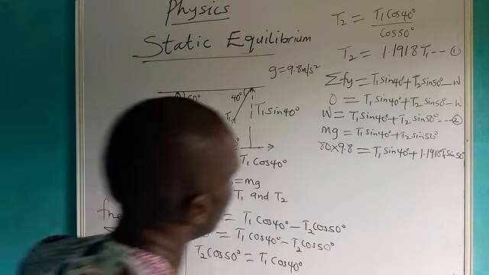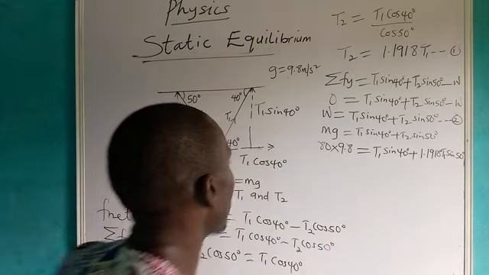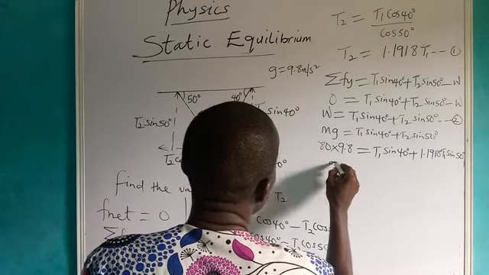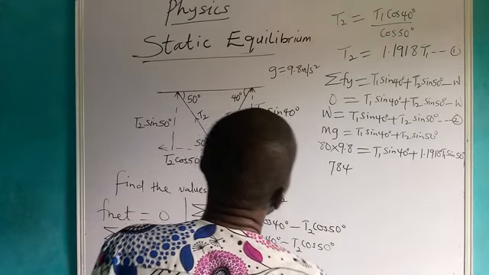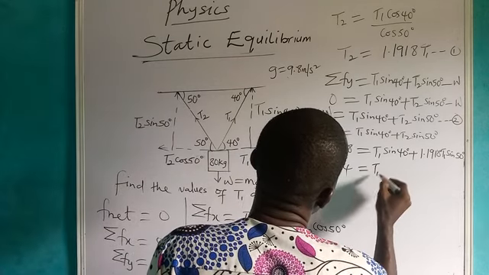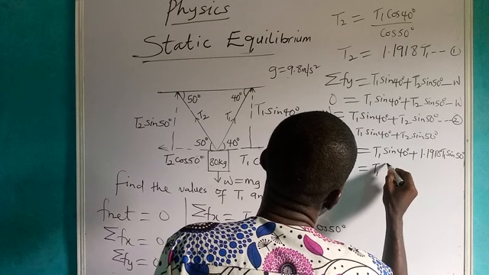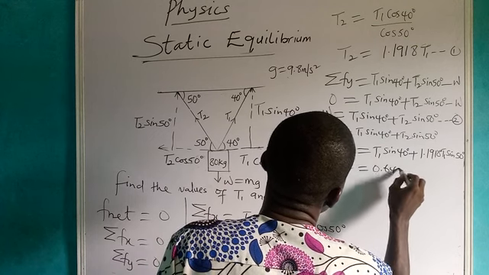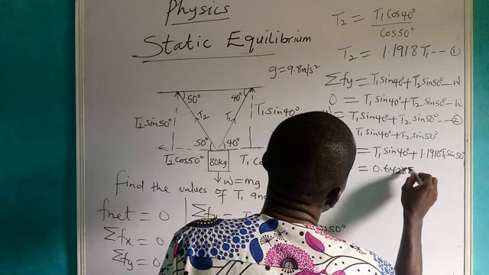Now we can move on. Let us multiply. As you see, 80 times 9.8 gives 784. And what is sine 40? We have 0.6428 T1.